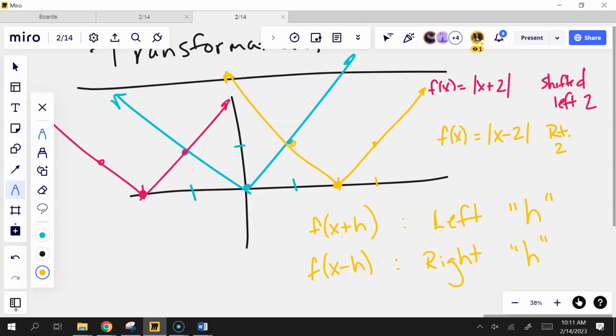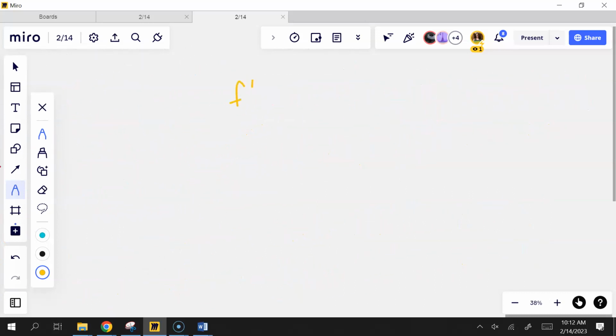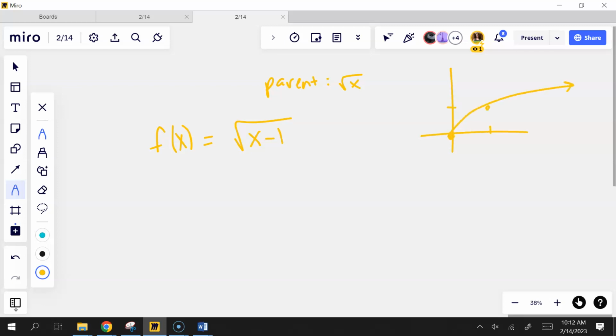This does not just apply to absolute values. This is any parent function, okay? So if I had, let's say, the square root of x minus 1, what do you think has happened here? What's the parent function, first of all? The parent is that square root, right? So I have to understand what the parent looks like. The parent starts at 0, 0, 1, 1, and goes off this way.